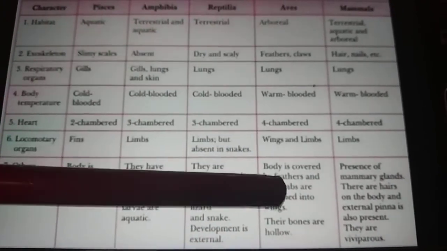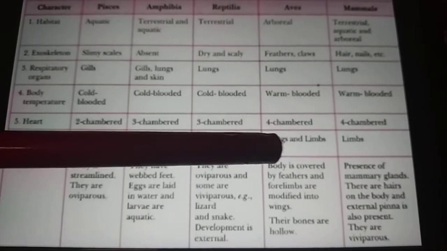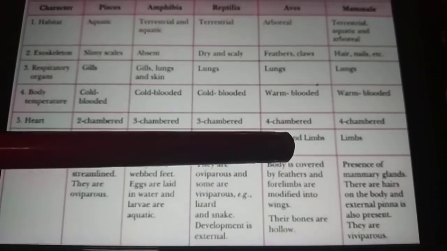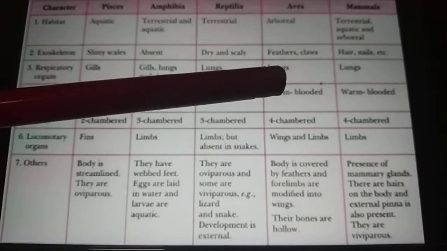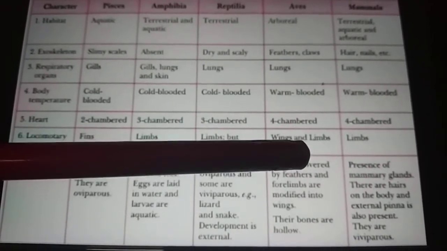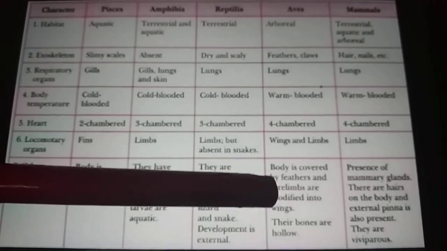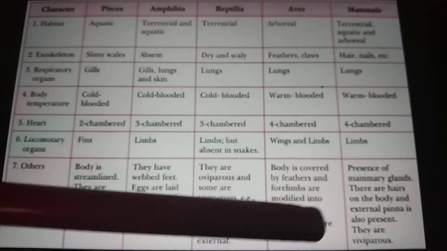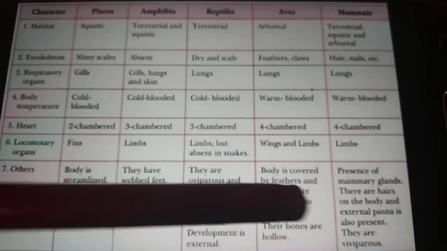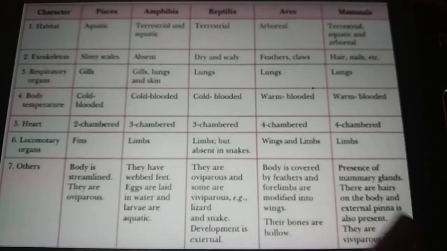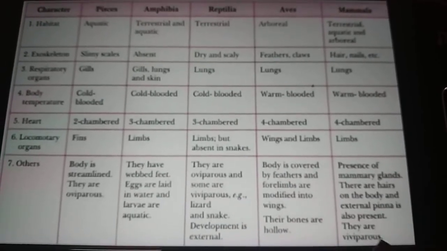Then Aves: the body is covered by feathers. That comes under birds; most birds are Aves. The body is covered by feathers and the forelimbs are modified into wings. Their bones are hollow. Clear? Then what about Mammalia, the last part here. There is the presence of mammary glands.